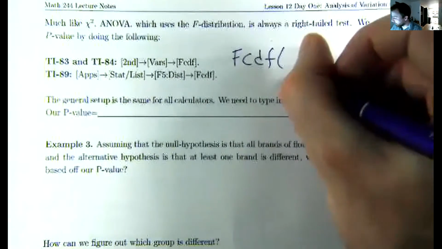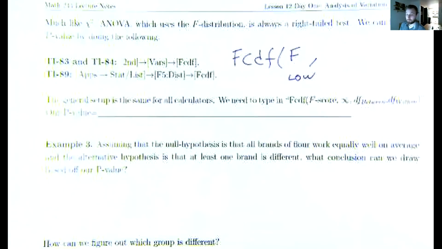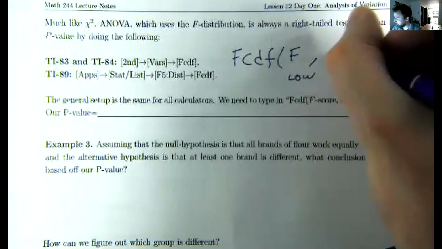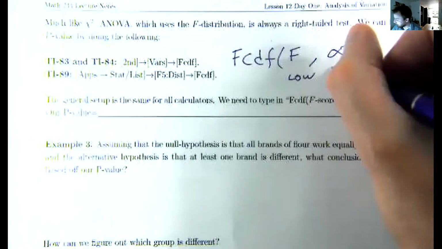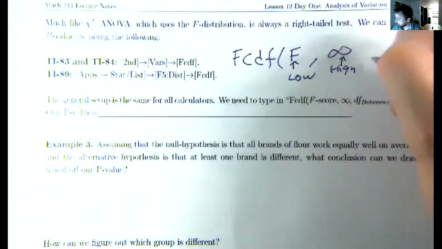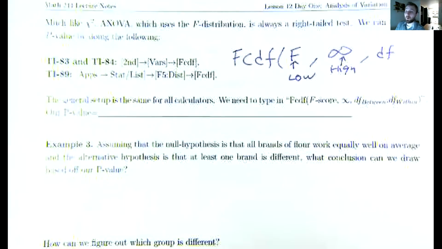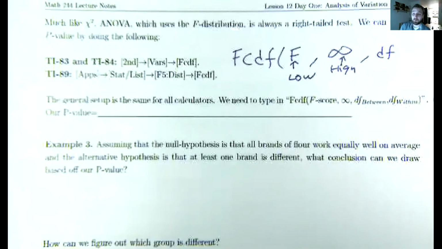You have your low value. Your low value is going to be whatever your F-score is, comma infinity, because it's always a right-tailed test, comma your degree of freedom. At least this is what it was for TCDF and chi-squared CDF.